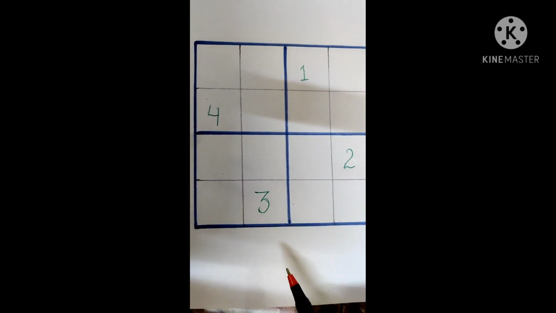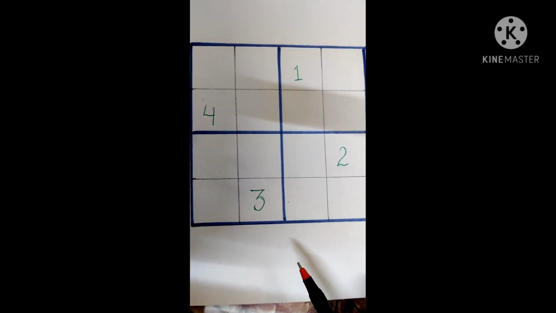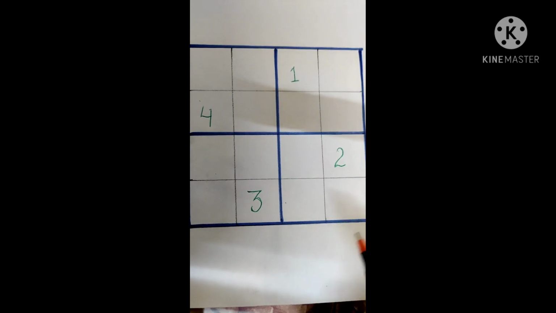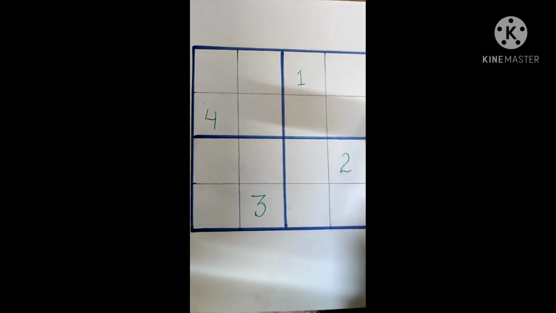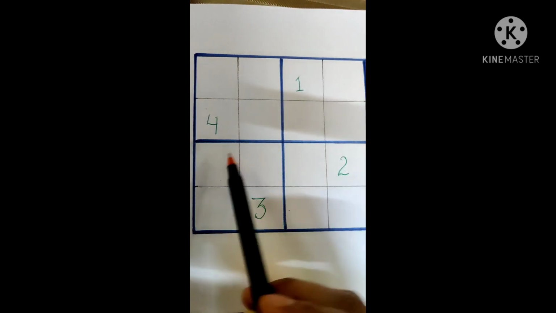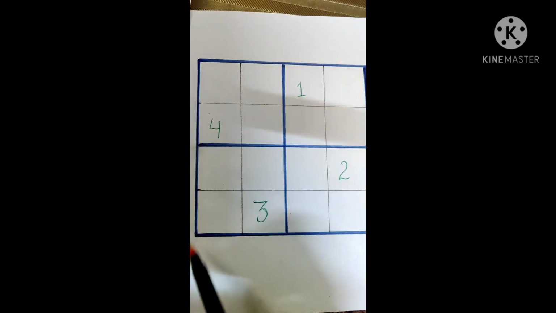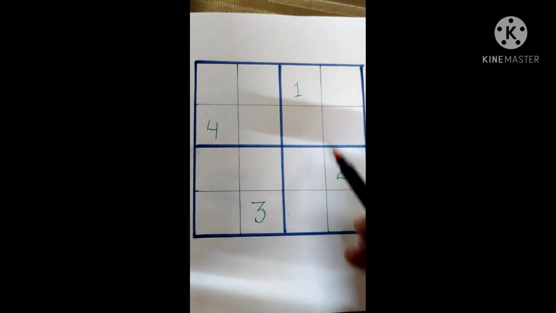Now, how to solve it? What are the rules? So let's learn its rules. First, there are horizontal lines 1, 2, 3 and 4. There are 4 horizontal lines and 4 vertical lines 1, 2, 3, 4.